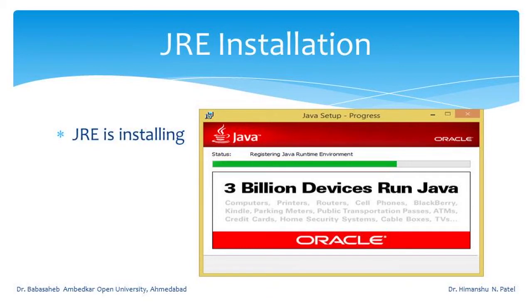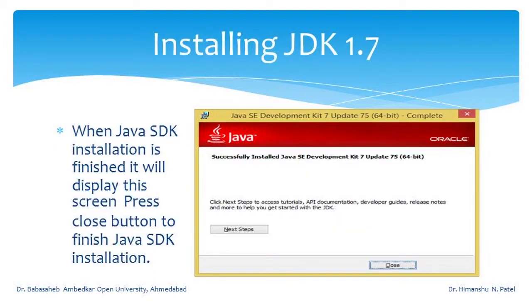Here is a screen showing how JRE is installed. It also shows one progress bar, and when JRE installation is finished and JDK installation is finished, it will display this screen, and then you have to press the close button to finish Java SDK installation.